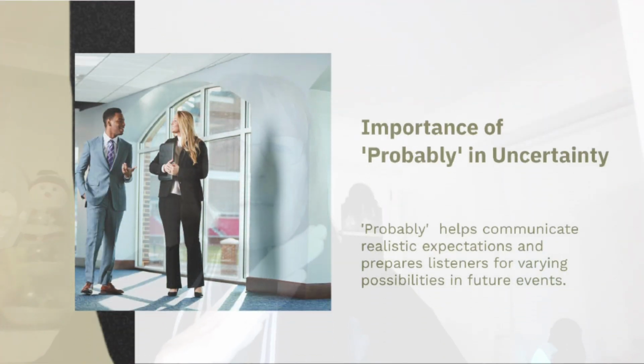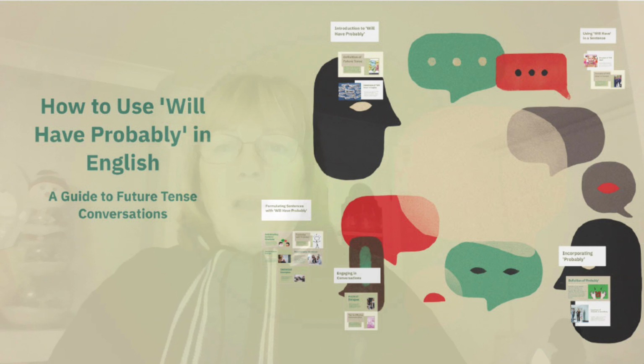So when you're looking at probably, remember, it's realistic expectations. Your listener now is thinking about the possibilities in a future event. So when you're thinking about will have probably, you need to understand will have. You need to understand how you use by with a time.